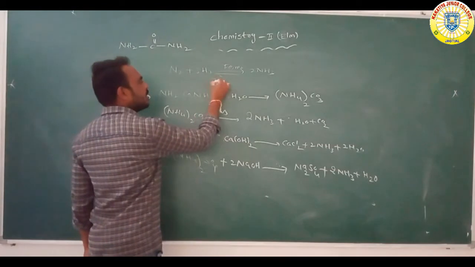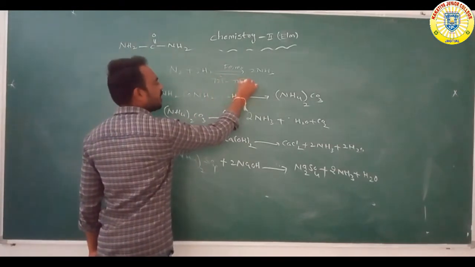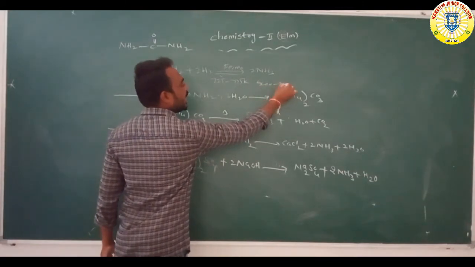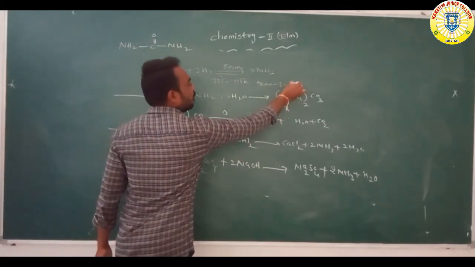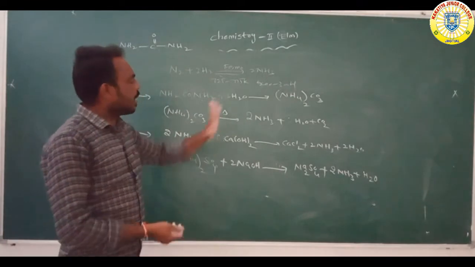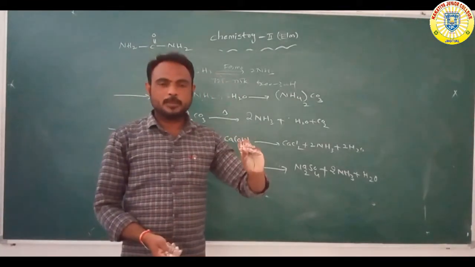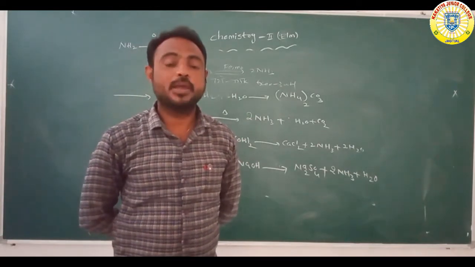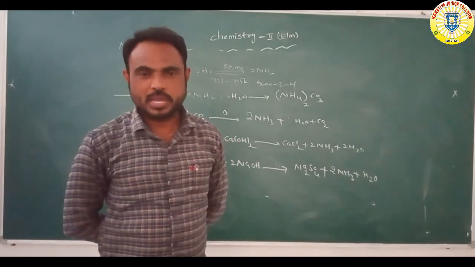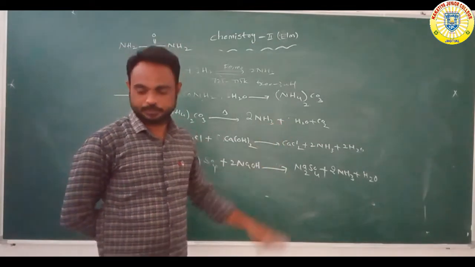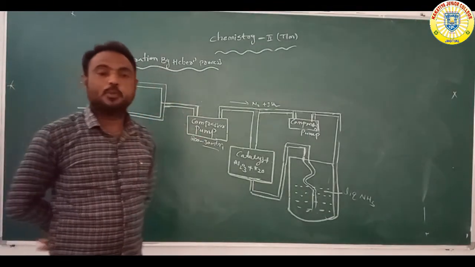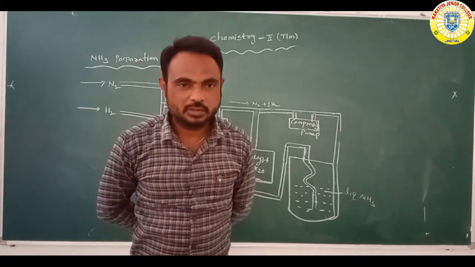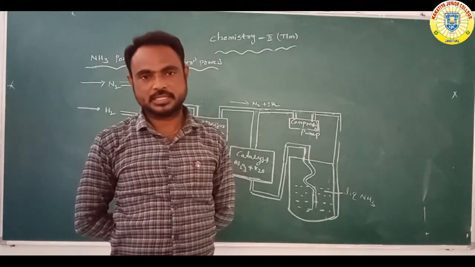We give a temperature of 725 to 775 Kelvin and 200 to 300 atmosphere pressure to form ammonia. Overall, ammonia is mainly formed by the Haber process.